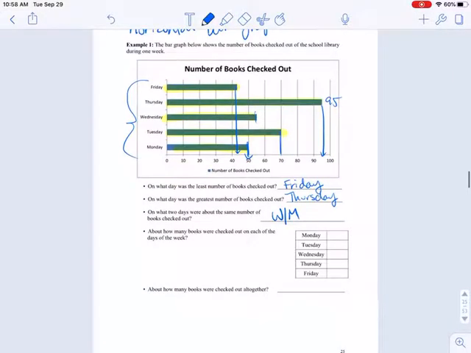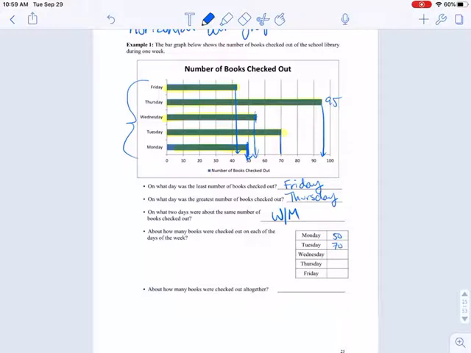How many books were checked out on each of the days of the week? So Monday, I think we said like 42, 43, somewhere in there. Tuesday was 95. Wednesday, like 54. Thursday, that was 70. I'm doing this all backwards. Monday, that's this one. That's 50. Tuesday was 70.